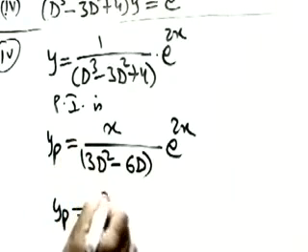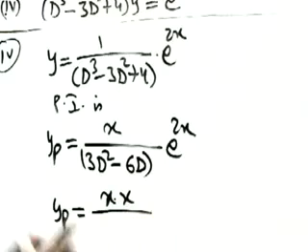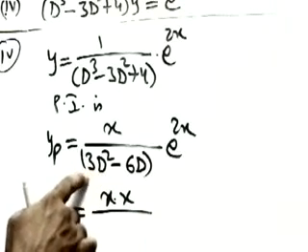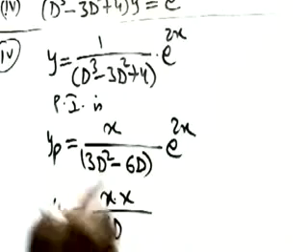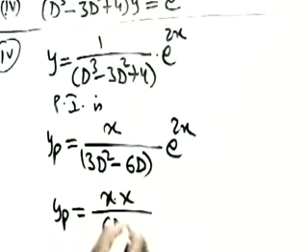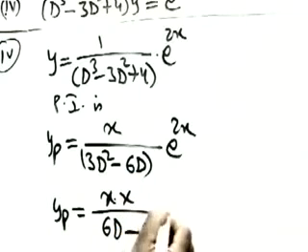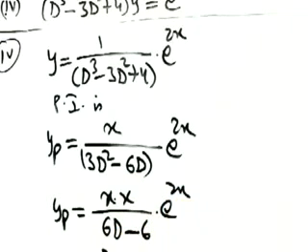So yp equals, again multiply the numerator with x, already we have 1 into x, so x square, and differentiate the denominator with respect to D. So this becomes 6D minus 2D, 6 into 1 is 6, into e power 2x. Now you substitute D equals a.